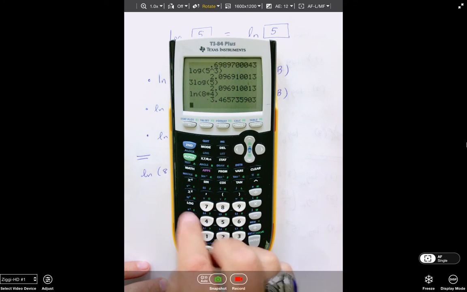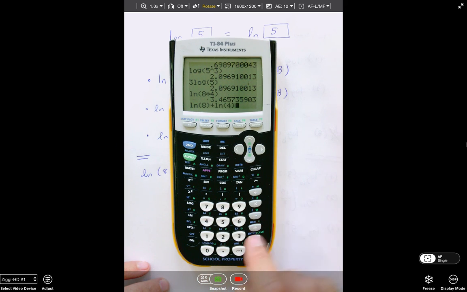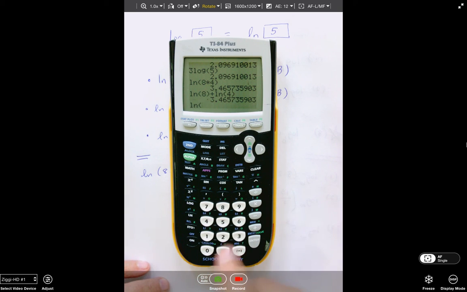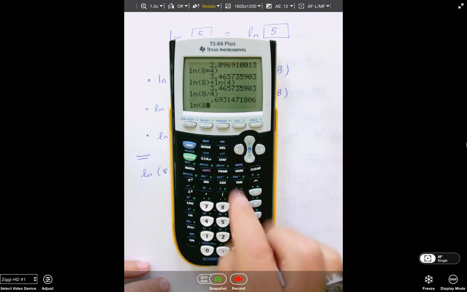Same thing if we divide. So what I can do is the natural log of, for example, 8 divided by 4. That should be the same thing as the natural log of 8 minus the natural log of 4.